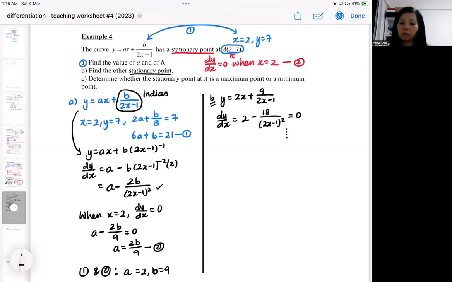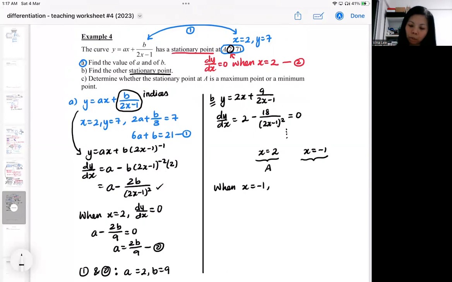I will not show the algebra. You will successfully get 2 points. You must recognize that one of the points is A, because this is the x coordinate 2. So we wanted the other point. So you check out the coordinate by putting back into the y equation.